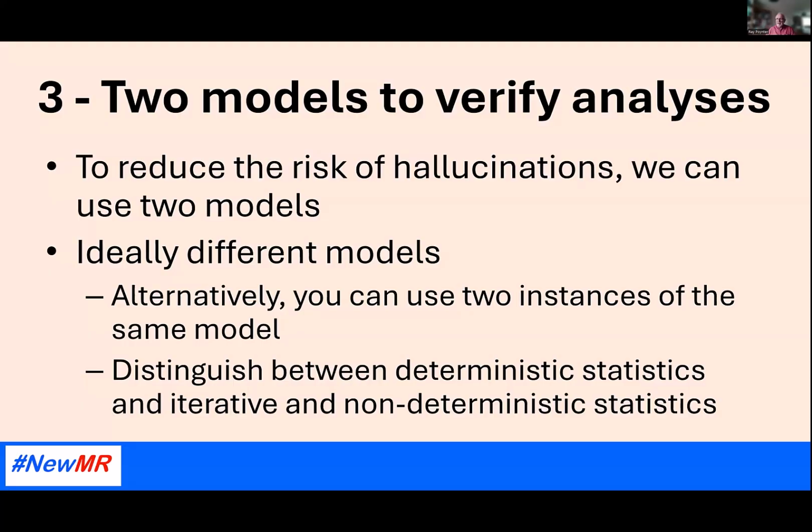If, on the other hand, I ask it to do a cluster analysis, it might give me a different solution every time I run it because it's not deterministic. So when I come to compare two solutions, it's very easy if it's deterministic. They should both give me the same answer. If I'm trying to compare something non-deterministic, I need to be a bit more careful.